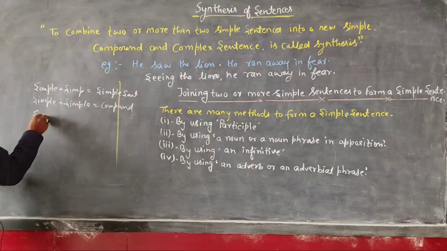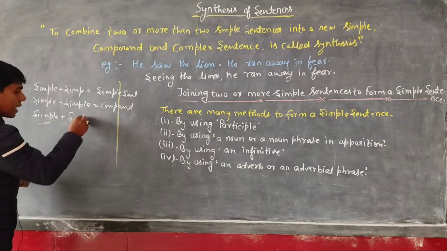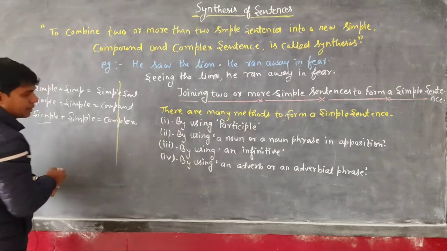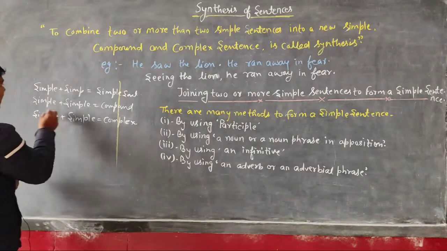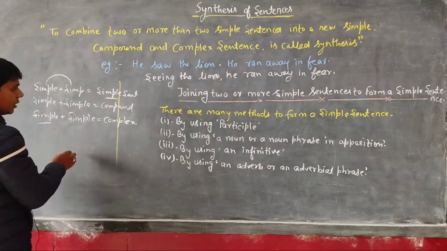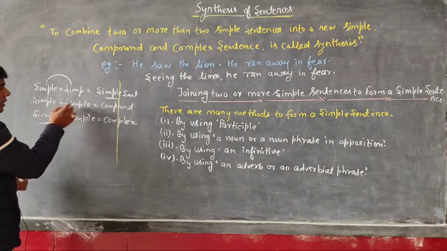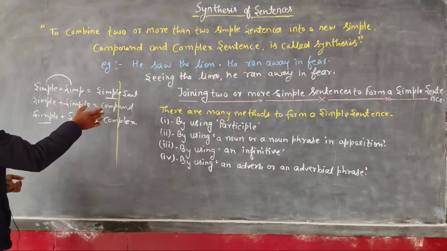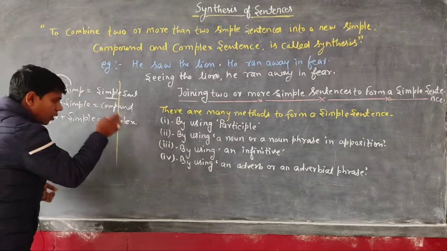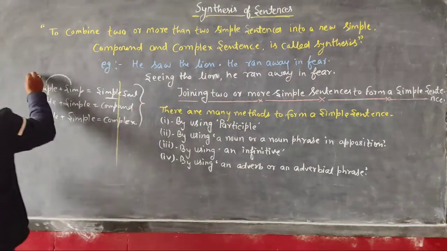And in the third one, when we add a simple sentence and another simple sentence, we can form a complex sentence. Once we learn joining two simple sentences into a new simple sentence, then we will learn how to join two simple sentences into a compound sentence, and after that into a complex sentence. Is that clear? So these three sentences we have to learn.